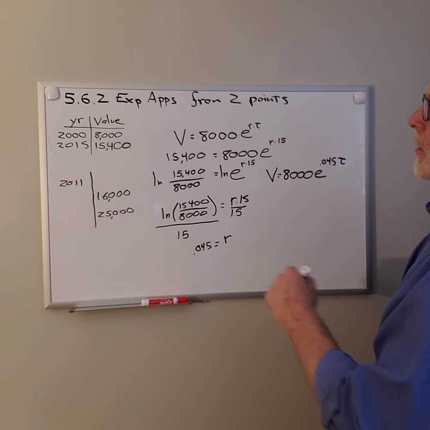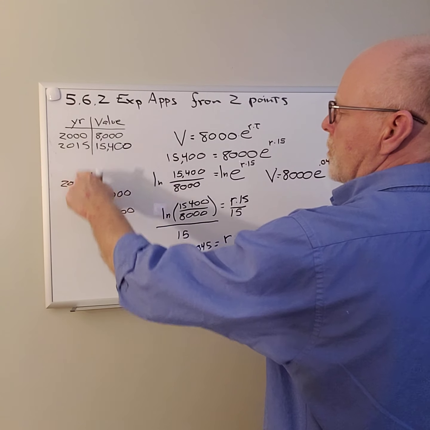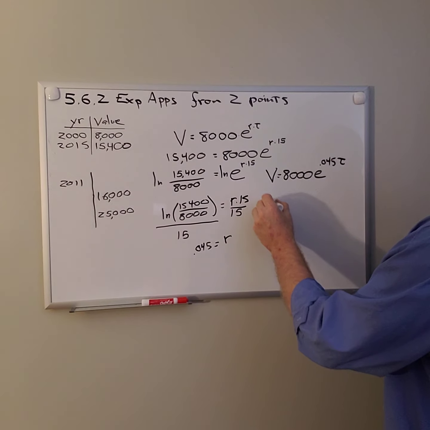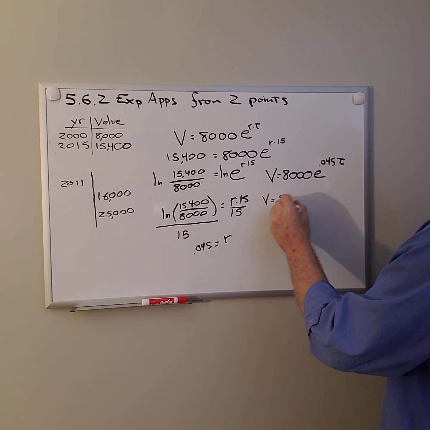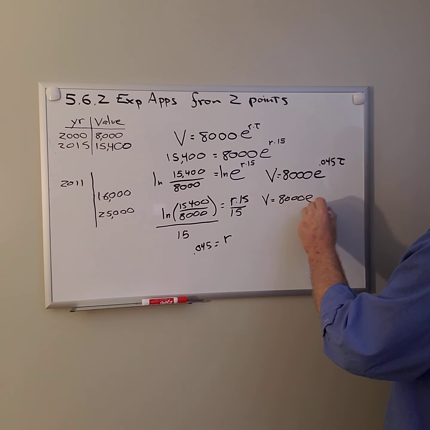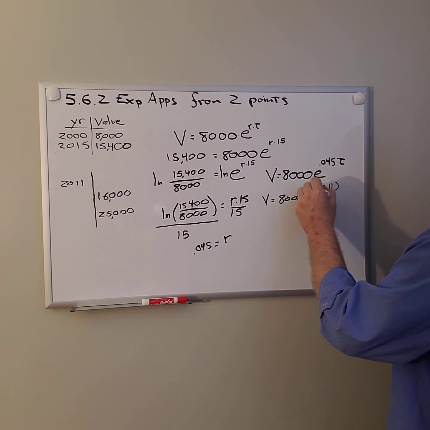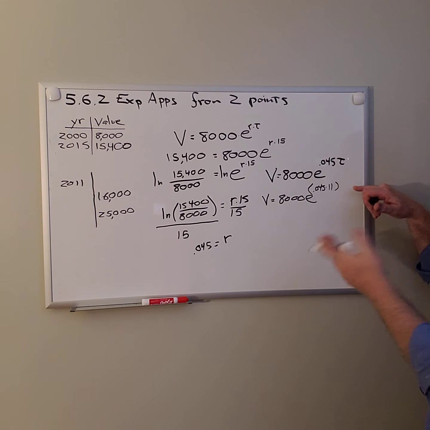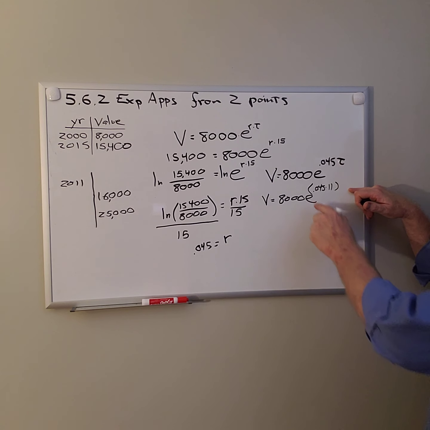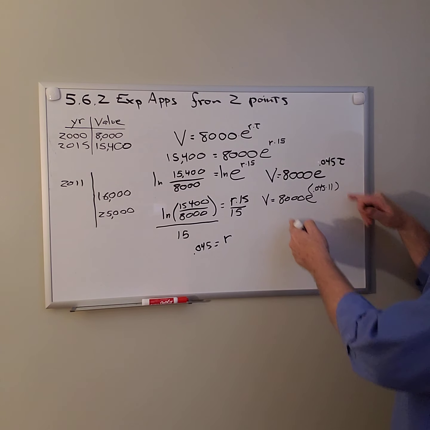If we put 11, right, from 2000 to 2011 would be 11. The value of the car then would be 8,000 E to the 0.045 times 11. Remember to put parentheses around that. I'm not going to spend the time on video here putting that into the calculator, but it's very easy to do.